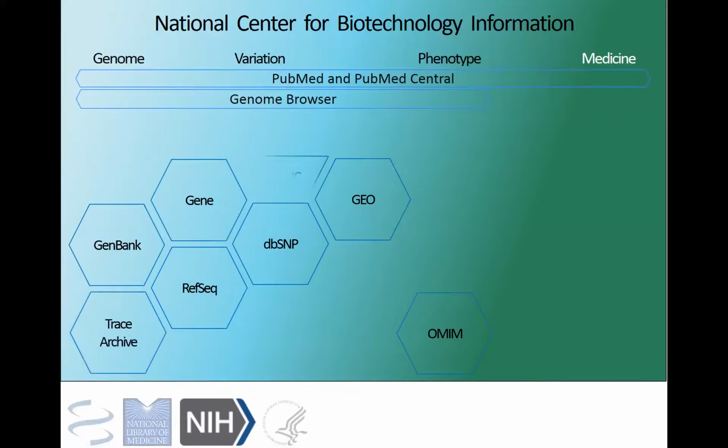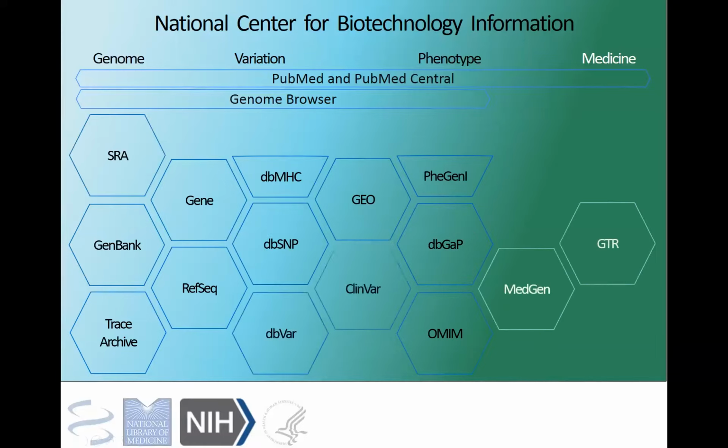I started working on dbMHC when I first came to NCBI, and this is about in 2000. And the trace archive was built, and this was for Sanger sequencing information that would be deposited from sequence. And then in 2007, we started a new database that captured information from largely, at that time, GWAS studies, and we have a tool called Phenotype-Genotype Integrator that shows the results of the GWAS studies.